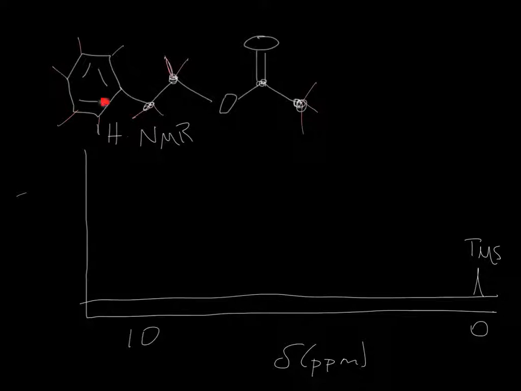I'm going to start with this benzene ring here. For those 5, do you think they're going to be downfield, really far away from the TMS signal, or really close? Do they tend to be really de-shielded and downfield, or really close to the 0? They usually tend to be pretty far downfield.